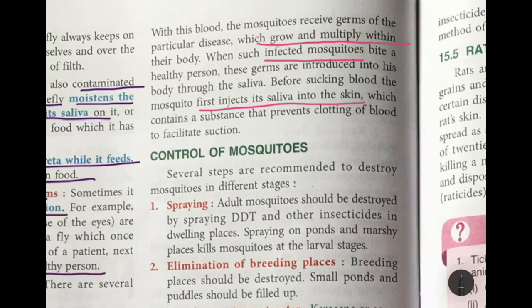The saliva of the mosquito also has a substance which prevents clotting of blood, so that suction is produced, suction for drinking or pulling up the blood of the human. So in doing so, what is put inside the body of the healthy person? The germs are introduced into the body of the healthy person, and the healthy person also becomes sick.